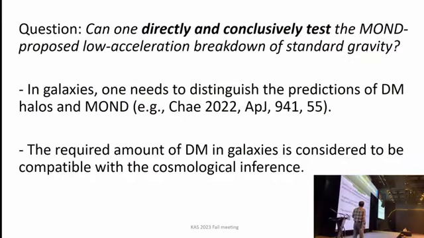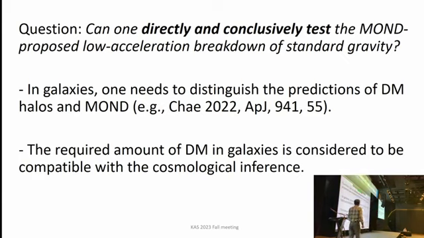The question is, can one directly and conclusively test the low acceleration breakdown of standard gravity? Okay, this is the question. Here, the point is directly and conclusively. Indirect and circumstantial arguments are not convincing. So there have been those arguments for many decades, but no one is convinced.